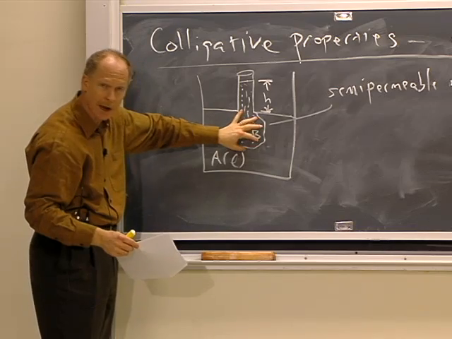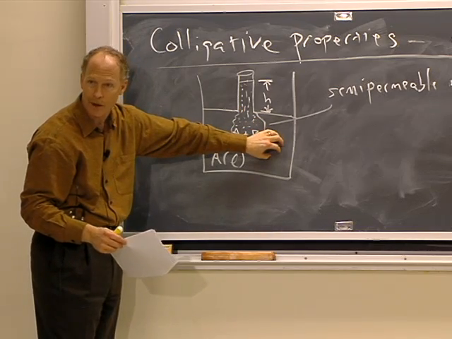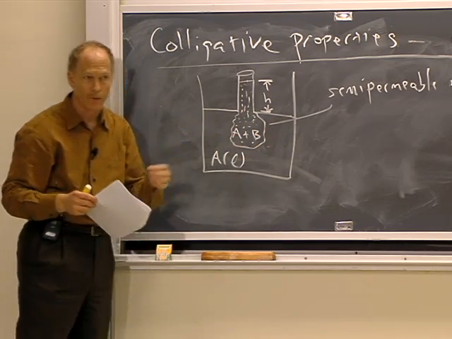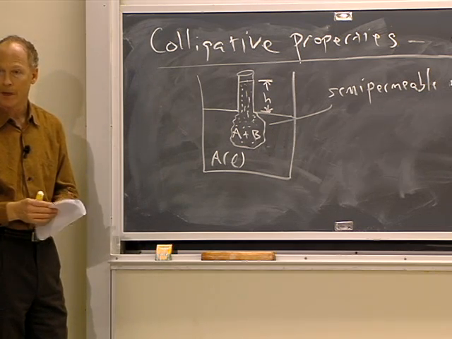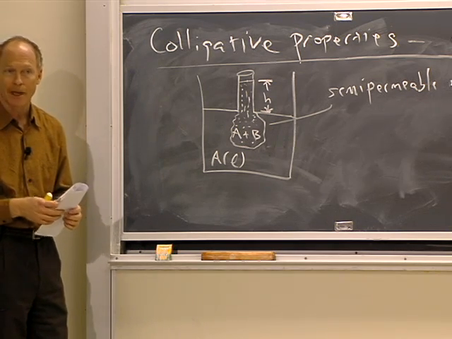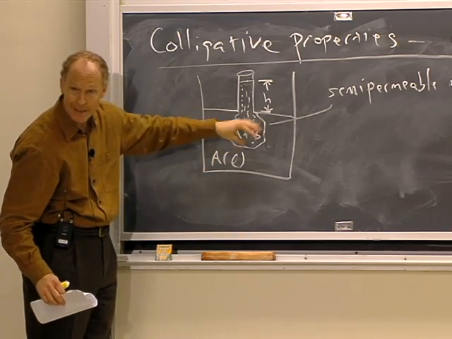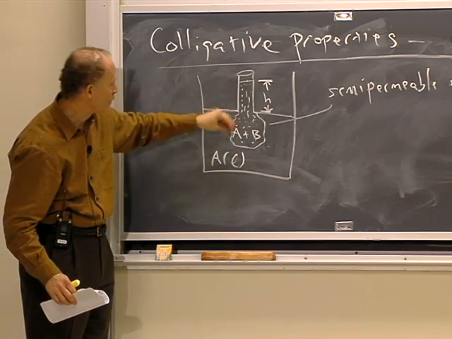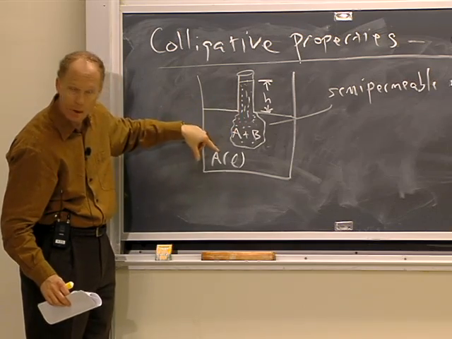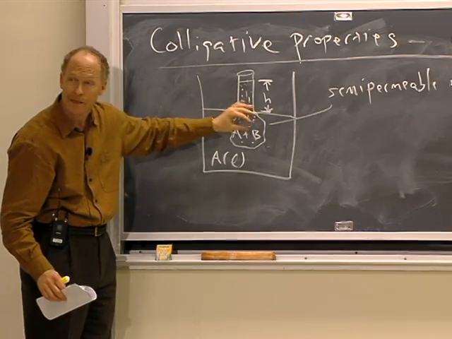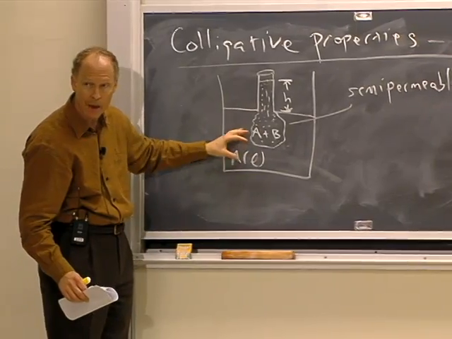So the pressure inside here is higher than the pressure outside. But of course, from what you know already about liquid mixtures, this should in fact make sense, because what's happening is that if these things are at the same pressure, you know that the chemical potential of A is going to be lower in the mixture. It's always lower in the mixture than it is in pure A.